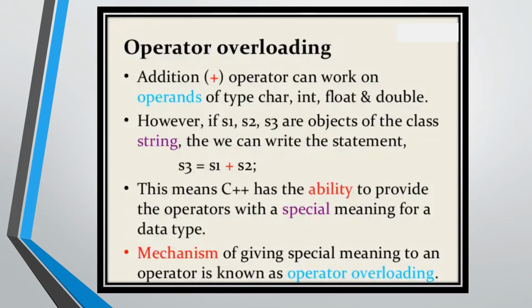Here we want to add two objects like the addition of two integers. At that time we give a special meaning to the addition operator, and it is done by the concept of operator overloading, because the mechanism of giving special meaning to an operator is known as operator overloading.